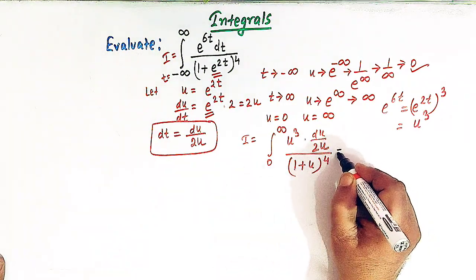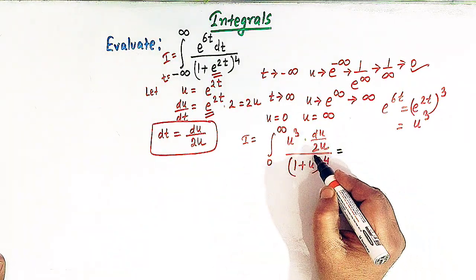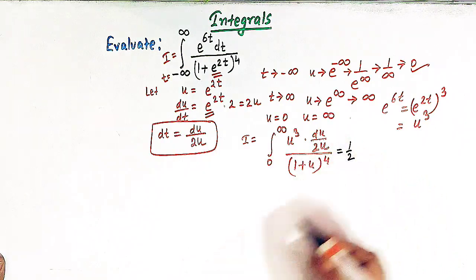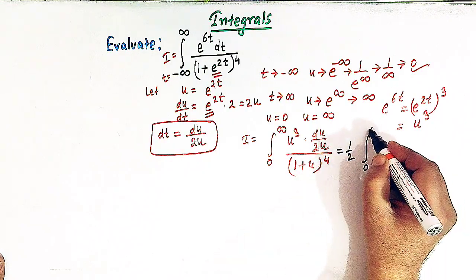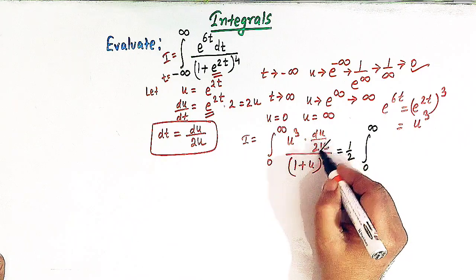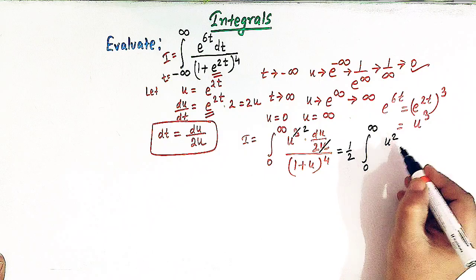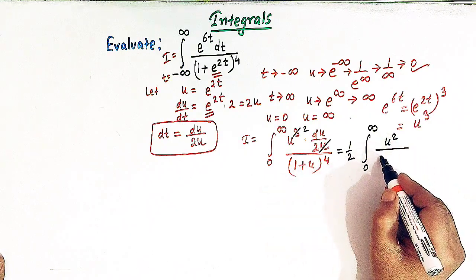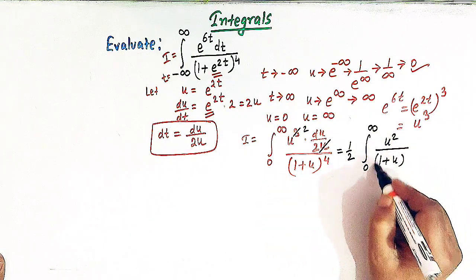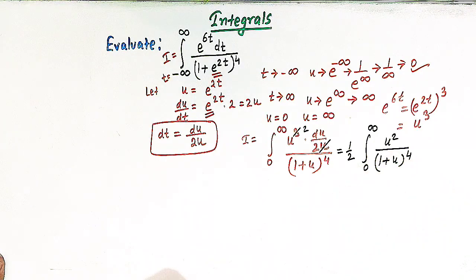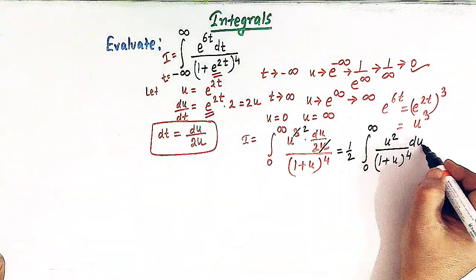Let us simplify further. We can take half outside the integral. From 0 to infinity, the u gets cancelled and we are left with u square, and in the denominator 1 plus u raised to 4, and du.